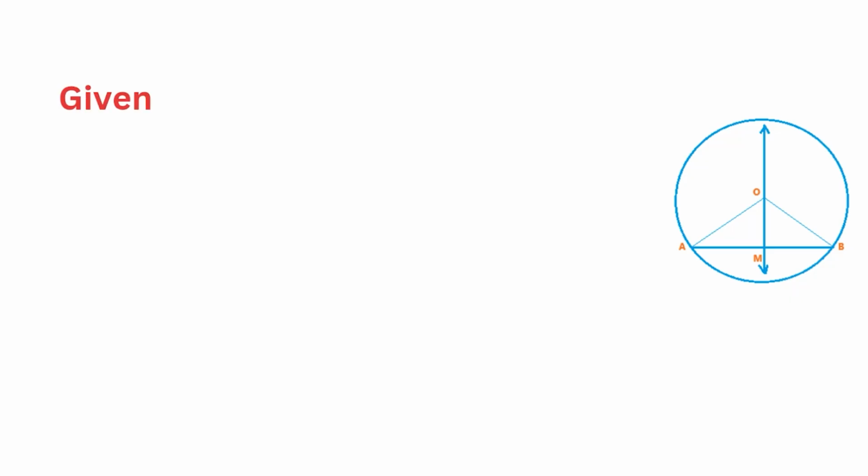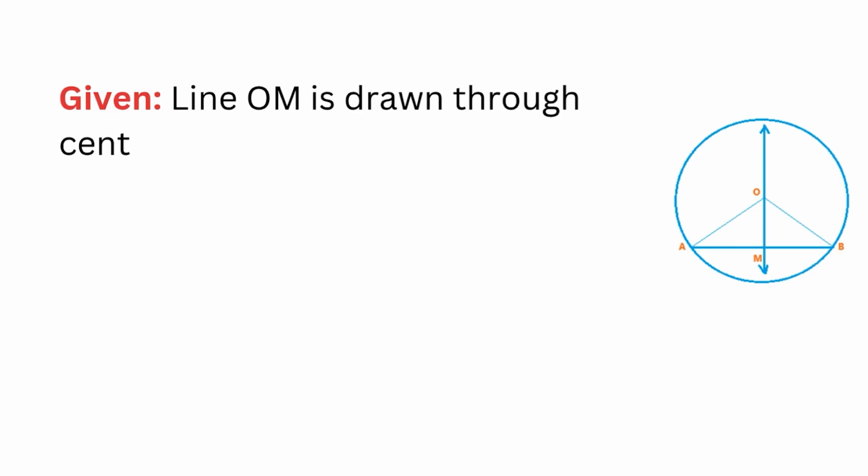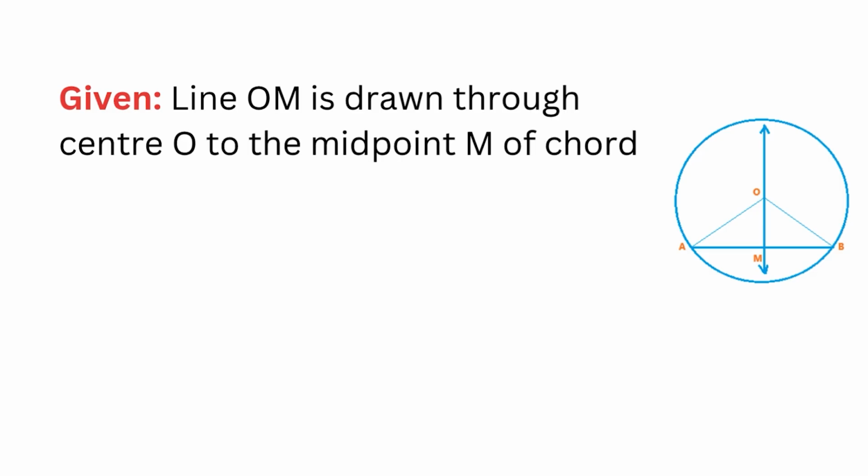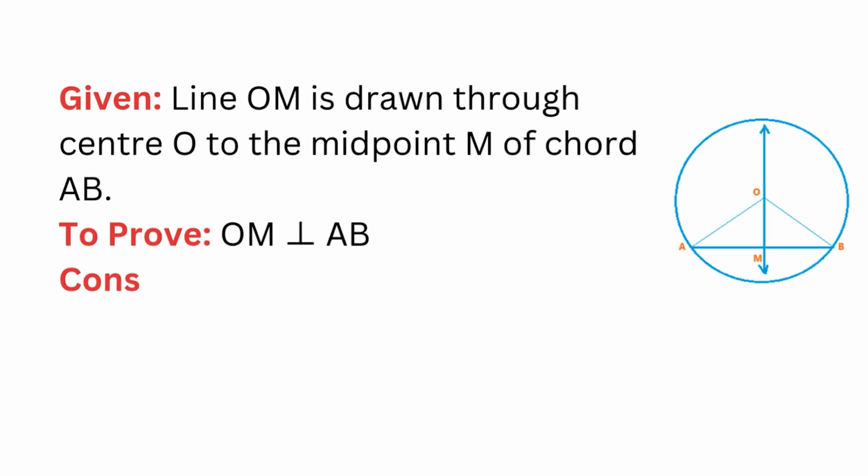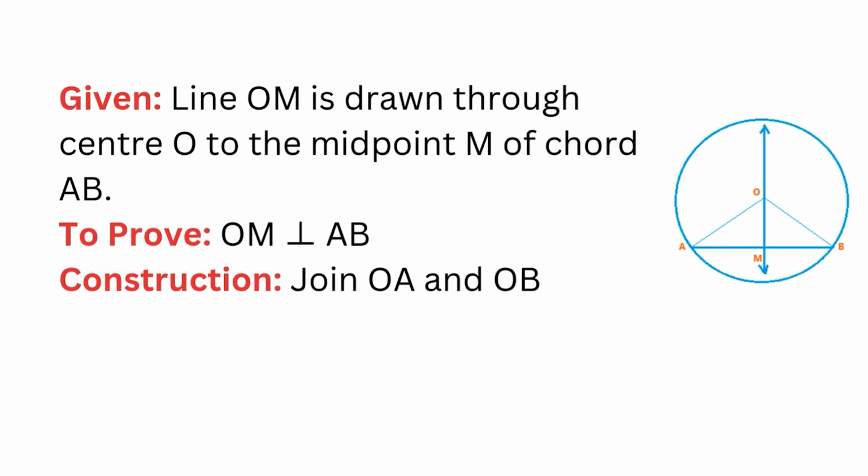Line OM is drawn through center O to the midpoint of chord AB. So, what to prove? We have to prove OM is perpendicular to the chord AB. Now, what is the construction? Join OA and OB. Clear?